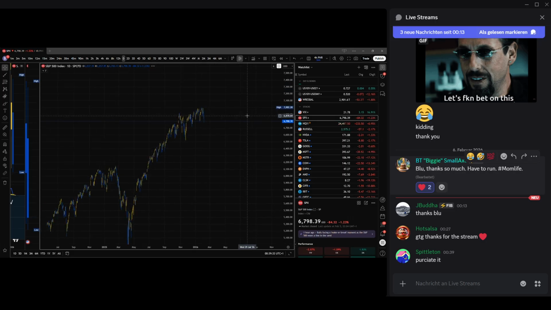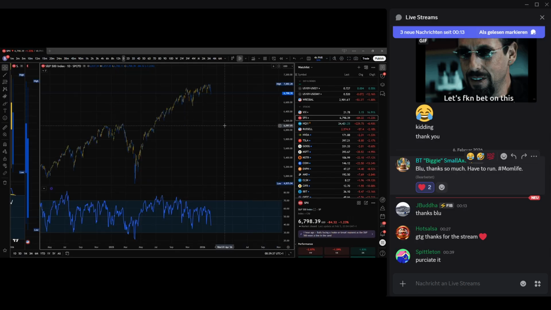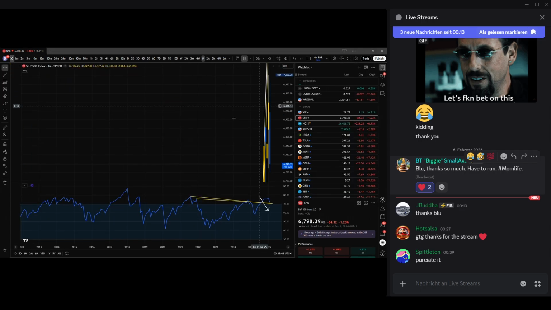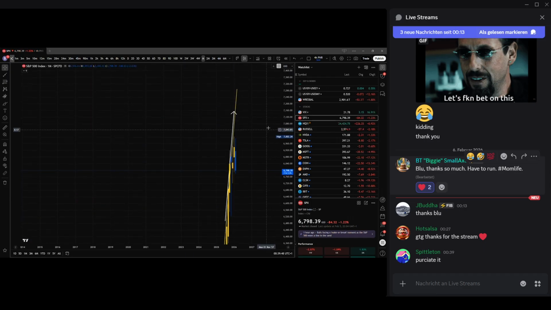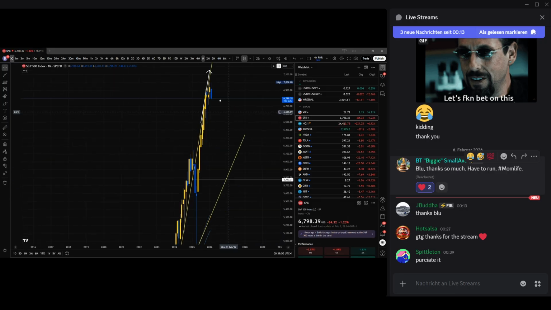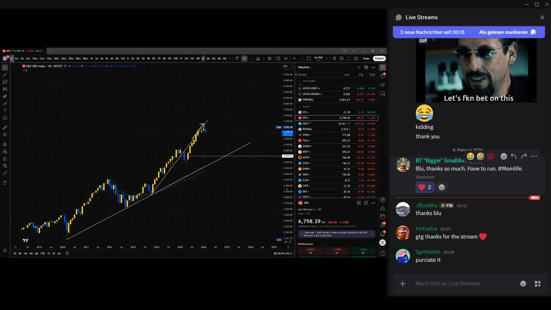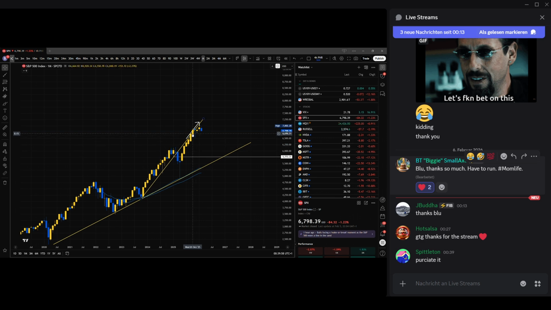S&P. Yeah. 100%. It's like the most overbought dumb shit in history. Not just by me talking like raging mad stuff, but by actual metrics. It's absolutely nuts how much money kept flowing in and is slowly rolling over.